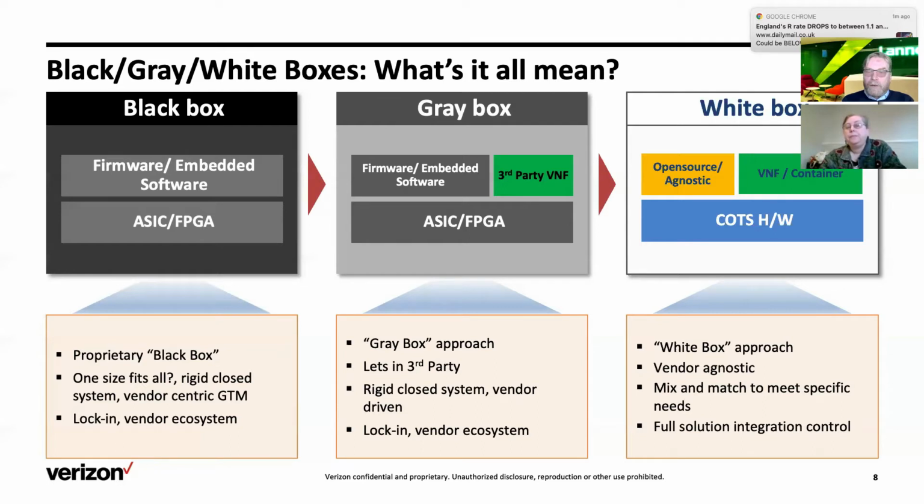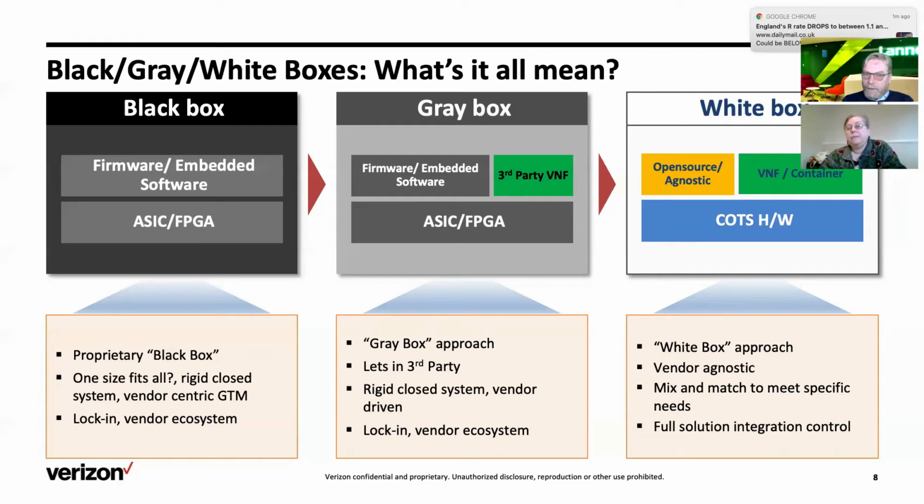Yeah. So the ideal solution is having a white box, an agnostic physical hardware, which is not dependent on a specific vendor, where we can use open source elements for orchestration, for virtual network functions, and really be able to swap in and swap out application software based on your needs, as well as to scale.